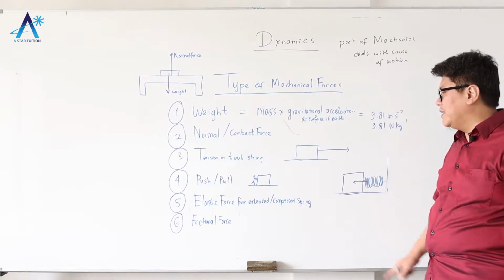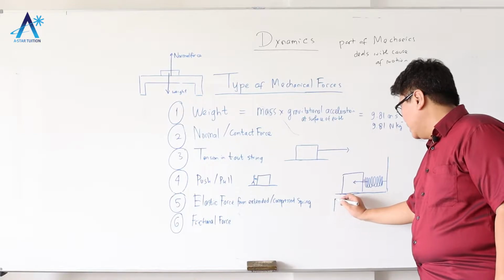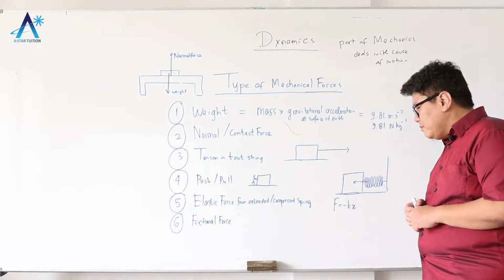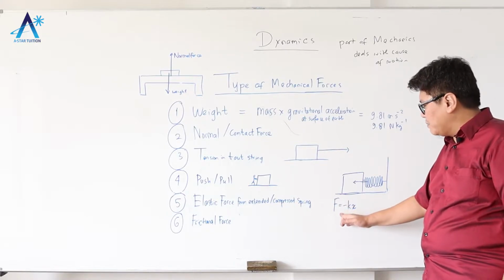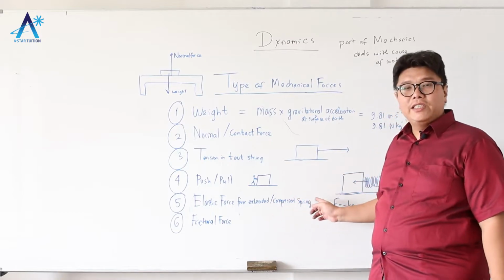Now we can quantify that by using Hooke's law, which is F equal to minus kx, which means that the amount of elastic force is proportional to the amount of extension or compression of the spring.